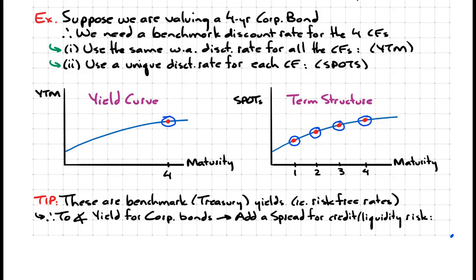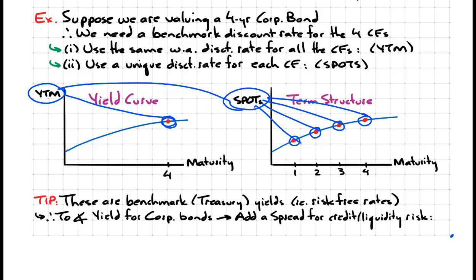So mathematically they're linked, because even with the classroom analogy, the class average is a function of the 4 individual observations. And it's the same thing here. As we will demonstrate in subsequent modules, the 4-year yield, which is an average, is actually the weighted average of these individual spot rates.